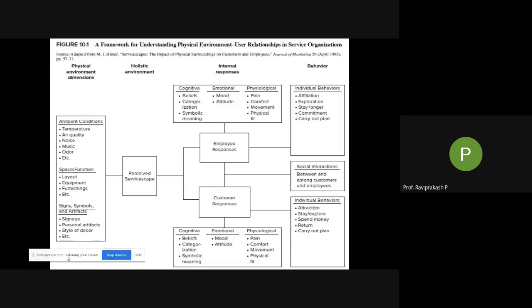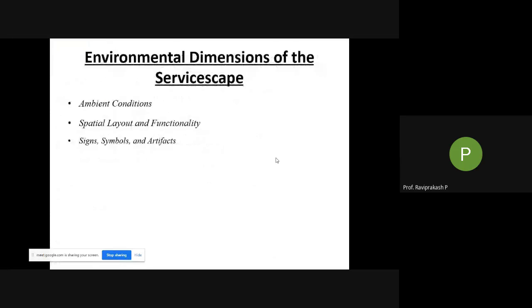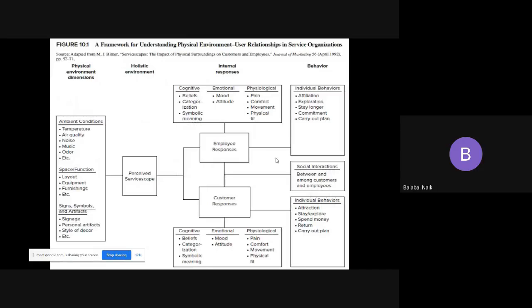action. I'm keeping the same slide. Actually, I have some things ahead also. The same things are there, the behaviors and servicescape, the environment and dimensions. Okay, so I'll keep this. Sir, same problem, voice is not clearly audible. I'm not able to hear you, there is a lot of disturbance.